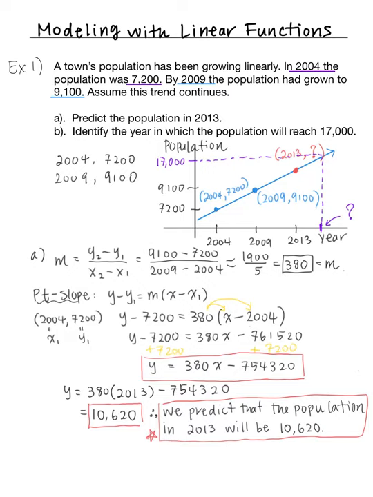So guess what we're going to do? We have our equation of a line to be y equals 380x minus 754,320. So we're going to set our y value to be 17,000 and solve for x. That x will give you the year when the population hits 17,000. So let's do it.